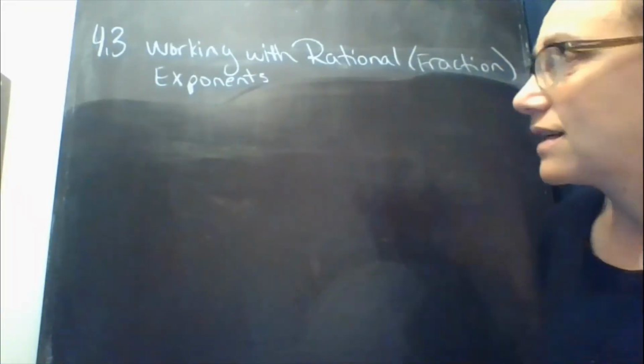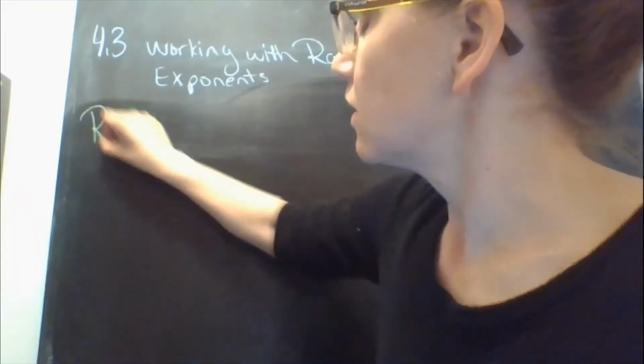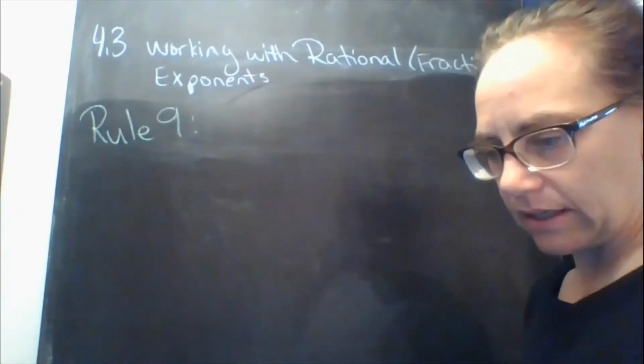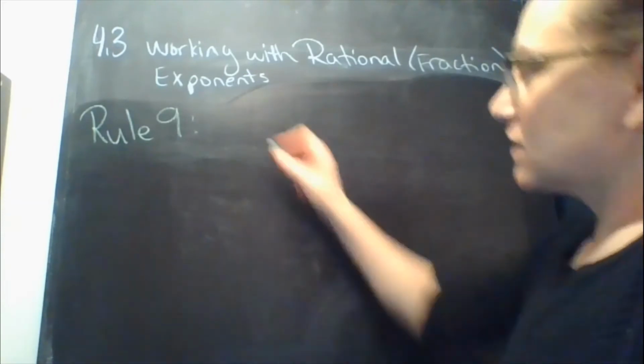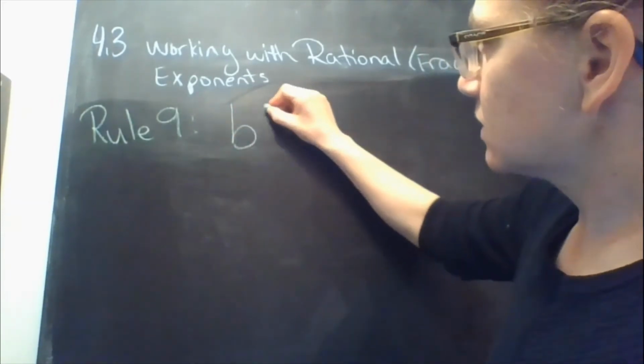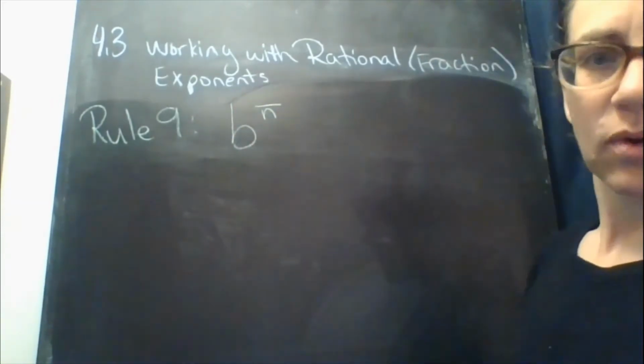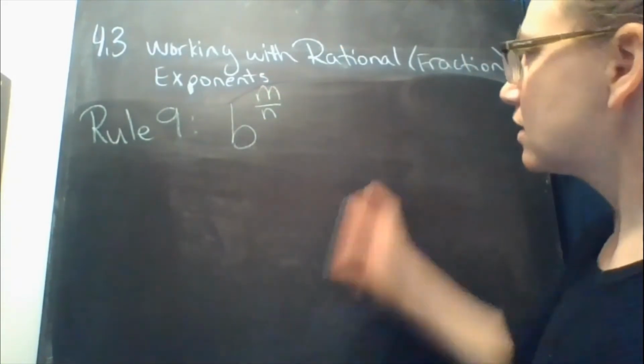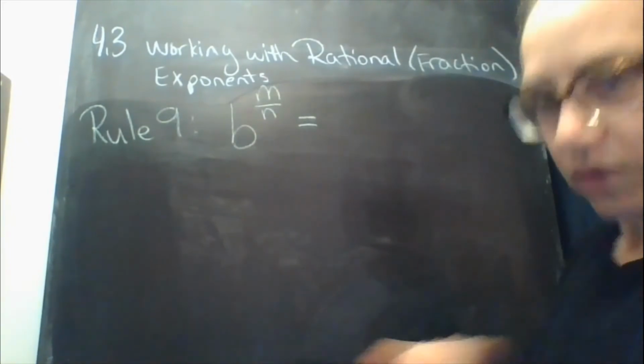So now this is going to take us to rule 9, which is our last rule for all of our exponent laws. Okay, and what I'm going to do is take that base with my fraction exponent and give it a different numerator, something that's not 1. Well, that's okay. We can figure this one out.